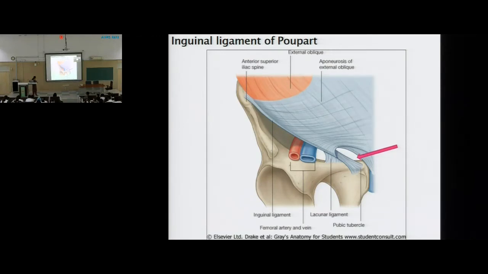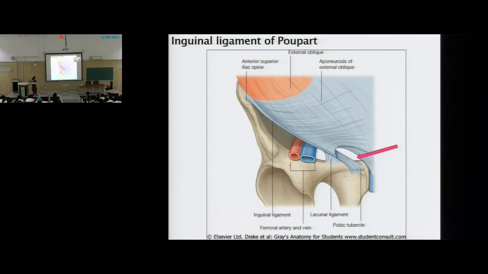When I have shown you this diagram, you can appreciate this femoral artery and femoral vein coming down. Okay, beneath this gap, they are passing beneath this inguinal ligament. तभी जब you had seen in the lower limb, these femoral artery and femoral vein, we said always that they are going to come beneath the inguinal ligament.